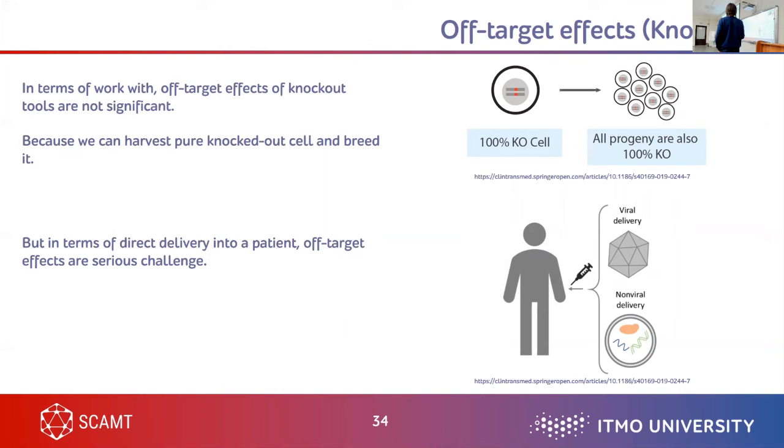Off-target effects are not awful if we use knockout tools in work with cells. What does it mean? We have a culture of cells, and we can modify them. We need only one cell from the whole petri dish that is successfully knocked out, and we can breed it in another petri dish.